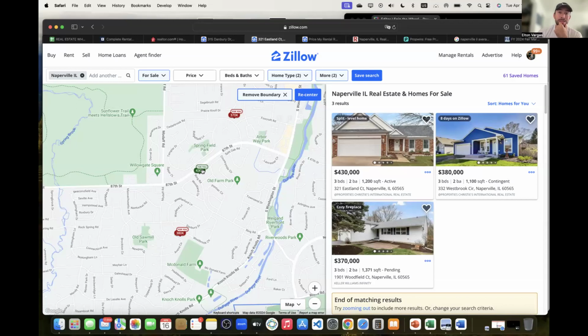My only guess, just by seeing these two numbers locally, the 370 and the 380, and this is at 430, is that it's not the seller, it's more the agent who is overpricing this property. So if I were to wait 30 to 45 days, and this property is still available, it's because the property is overpriced.